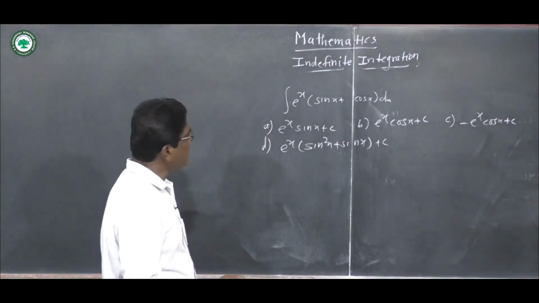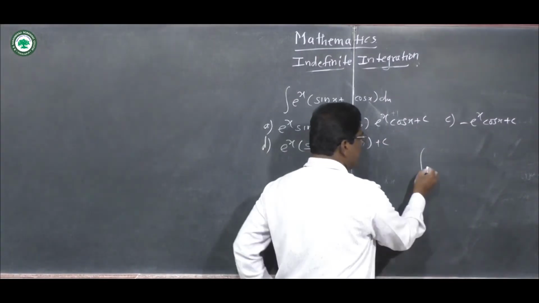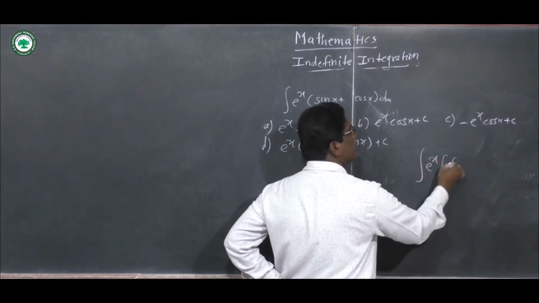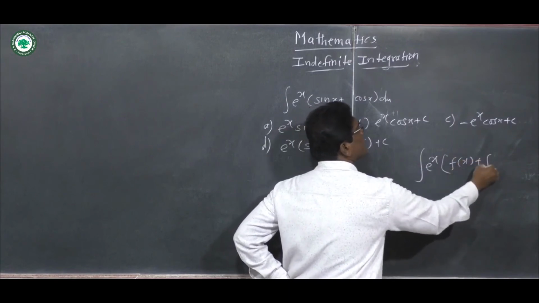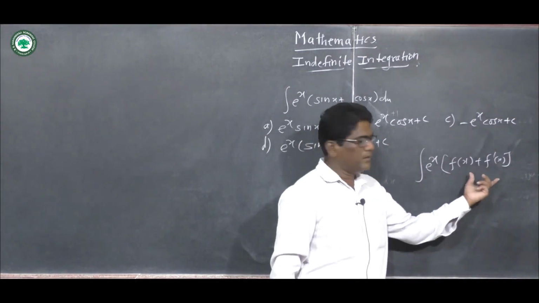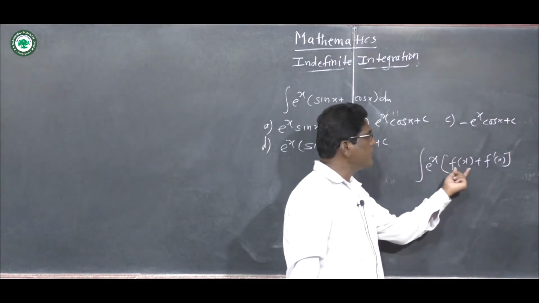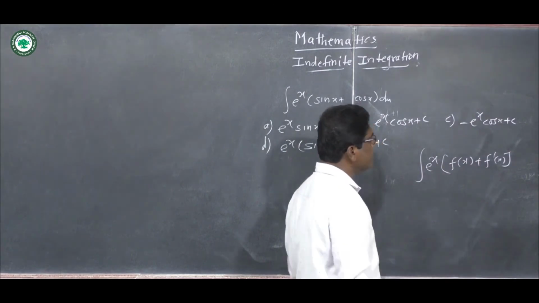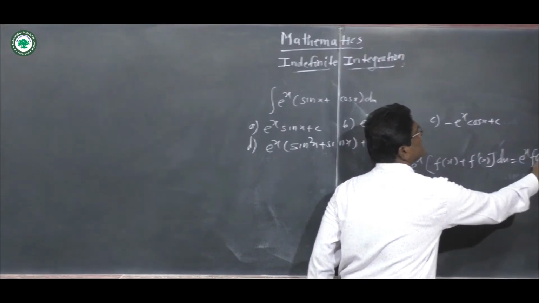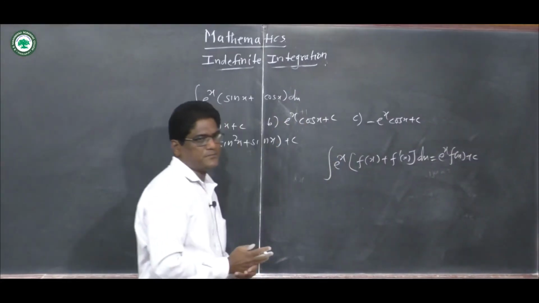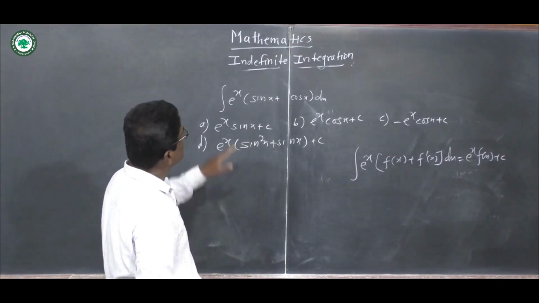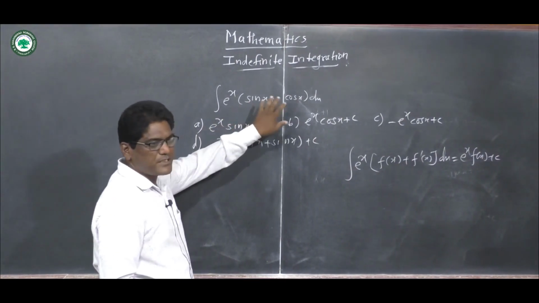Now see here, we have one formula. When there is e to the power x, and in the bracket a function and its derivative are given in addition, the integration of e to the power x into f of x plus f dash of x dx is equal to e to the power x into the function plus constant of integration. So we have to choose which is the function and which is its derivative.